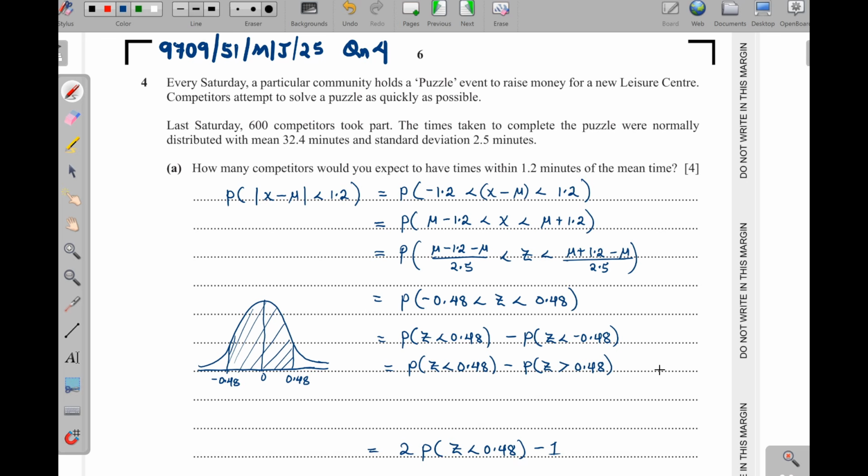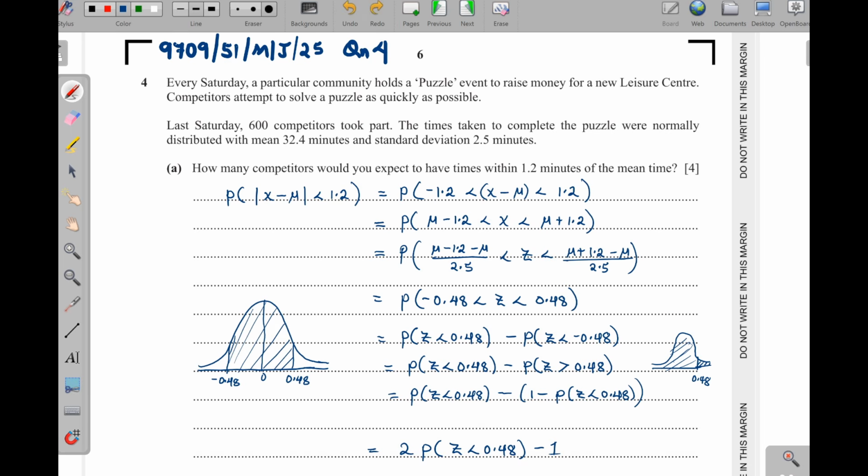Now, if you have probability of z greater than 0.48, this one will be 1, then minus probability of z less than 0.48. 1 for the whole, then minus this other one here for the less than.